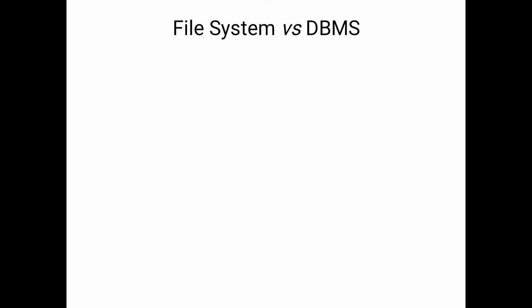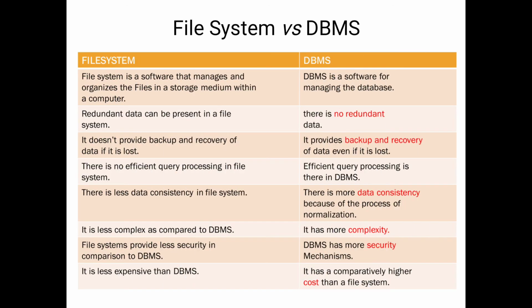Now we will discuss file system versus DBMS. So actually file systems and DBMS are both software. A file system manages and organizes the files in a storage medium within a computer, but the DBMS manages the whole database.